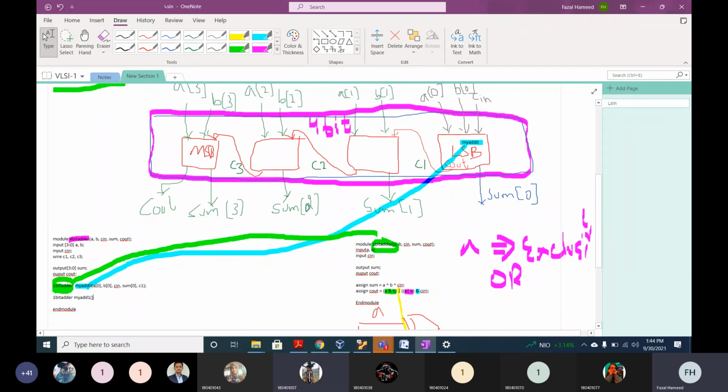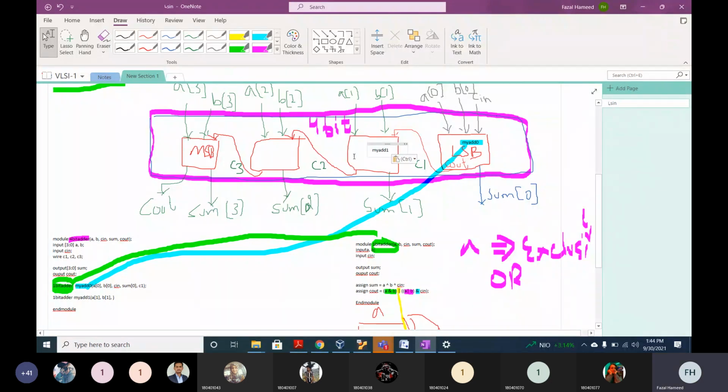A1 and B1. A1, very good. A1, B1, very good. Then C1. C1, because now C1 is the output from the adder stage my add 0, and now it is the input to this my add 1. So I can copy this, paste here.